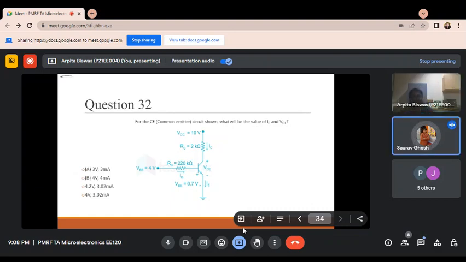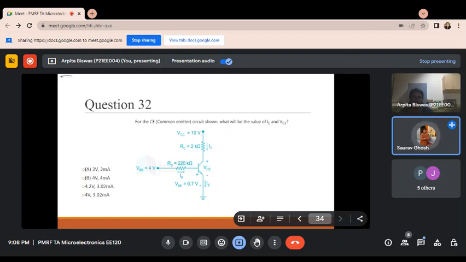Yes, yes, I can explain. After putting in by your analysis, I am getting the value of VCE, that is the collector to emitter voltage, equivalent to 10.03 minus 2 IE.